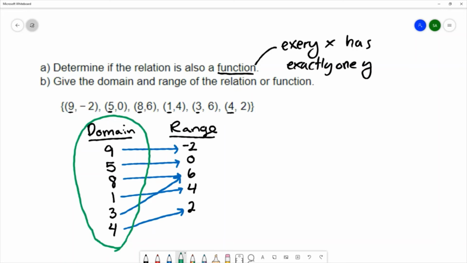What you're looking for is how many connections each x has. Every x should have exactly one connection or one y value. This 9 has one connection, 5 has one connection, 8, 1, 3, and 4 all have one connection, so we would say that this relation is a function.